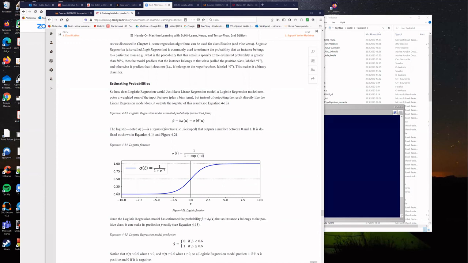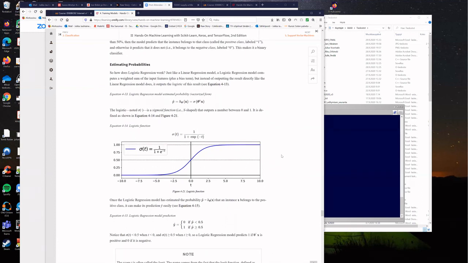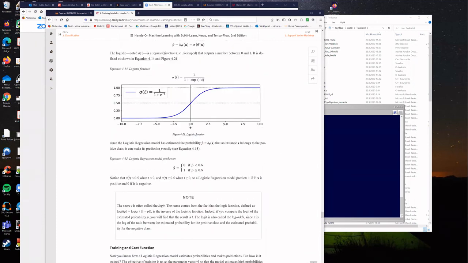Here the probability is 0, so something is not true, and here the probability is 1, meaning that something is true. This is called a sigmoid function. It is an S-shaped function which is given here as a function of some variable t.